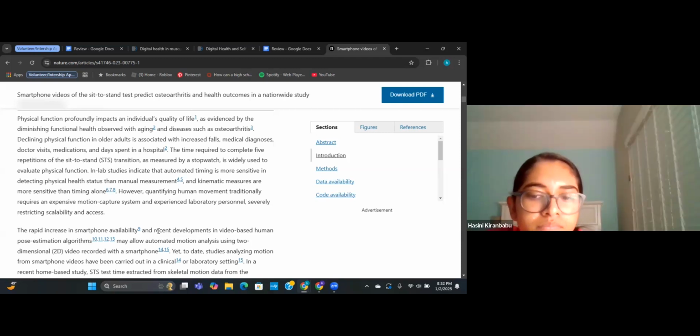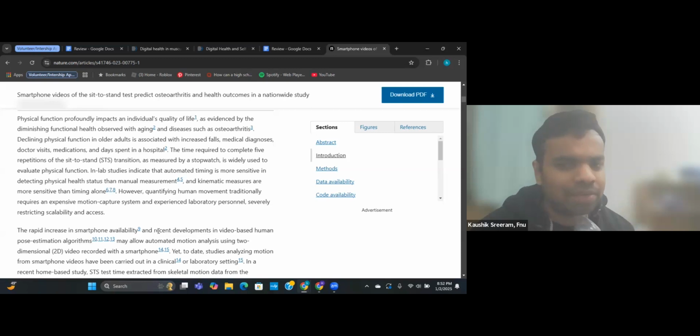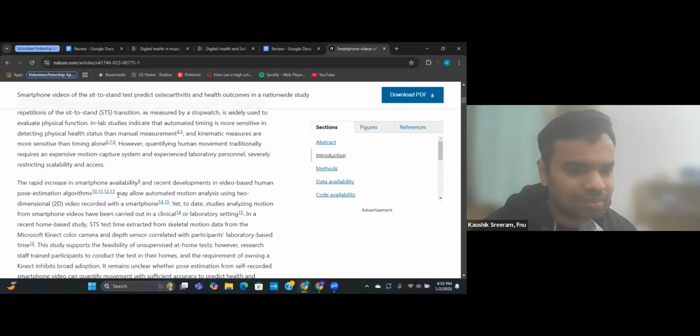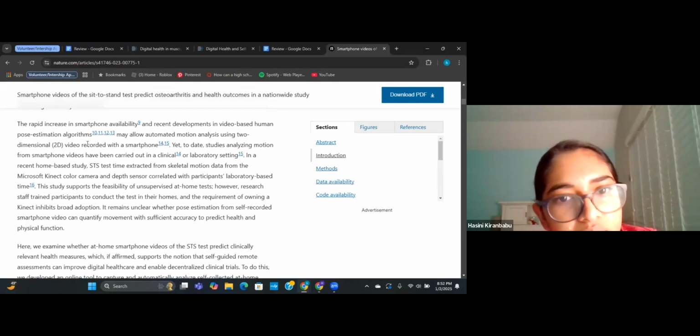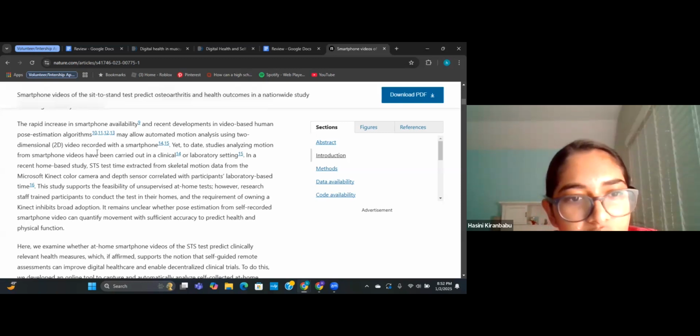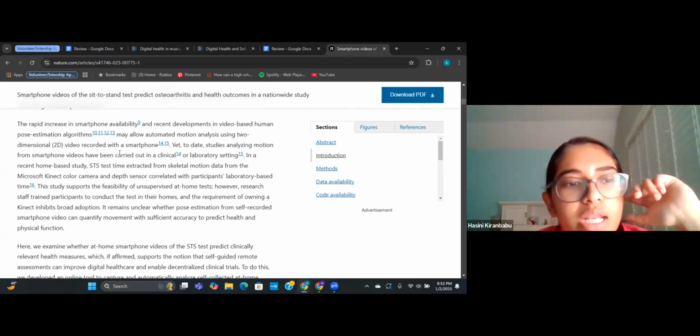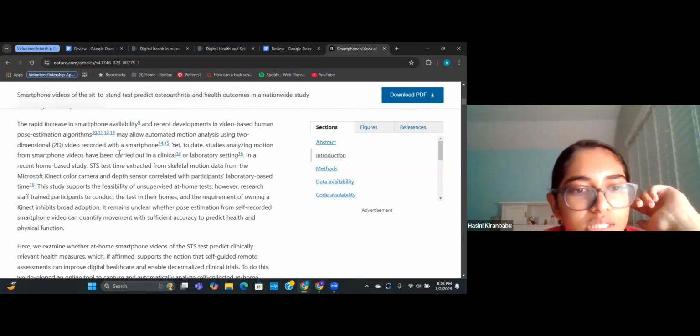Now read the second paragraph over here. The rapid increase in smartphone availability and recent developments in human-based pose estimation algorithms may allow automated motion analysis using two-dimensional video recorded with a smartphone. Yet, to date, studies analyzing motion from smartphone videos have been carried out in a clinical or laboratory setting. In a recent home-based study, citizen test time extracted from skeletal motion data from the Microsoft Kinect color camera and depth sensor correlated with patients' laboratory-based time.